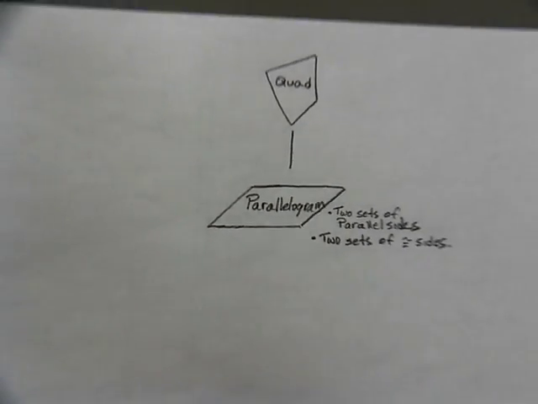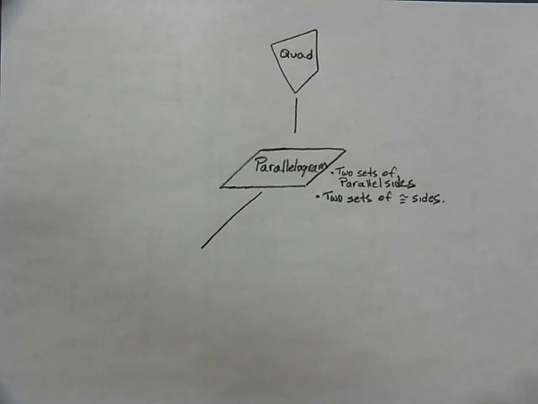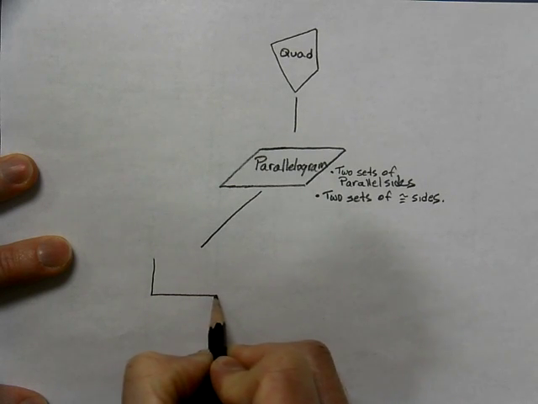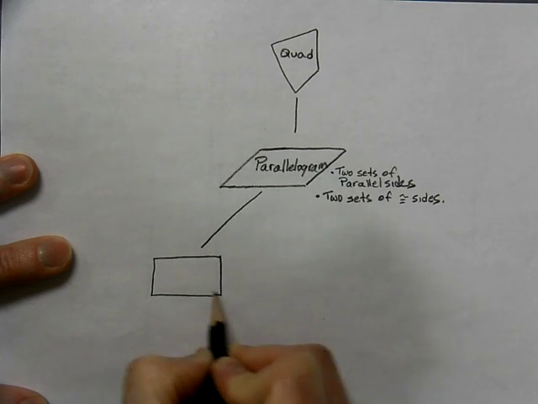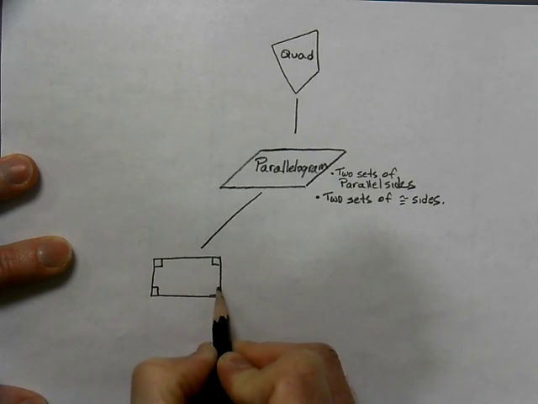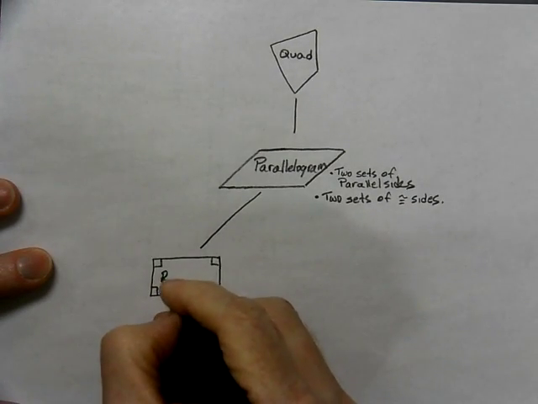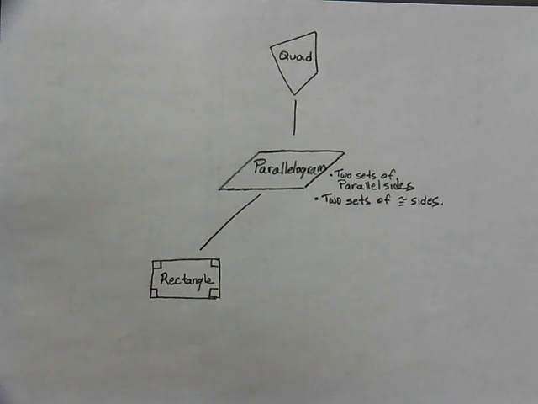Now, what could a parallelogram become? A parallelogram could become a rectangle. So we're going to try to draw a rectangle, a quadrilateral with 4 right angles. Okay, what do we know about this rectangle in terms of its sides?